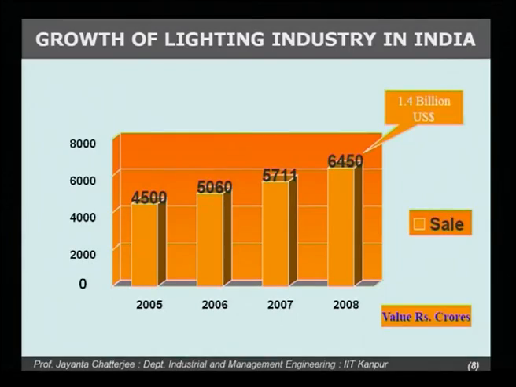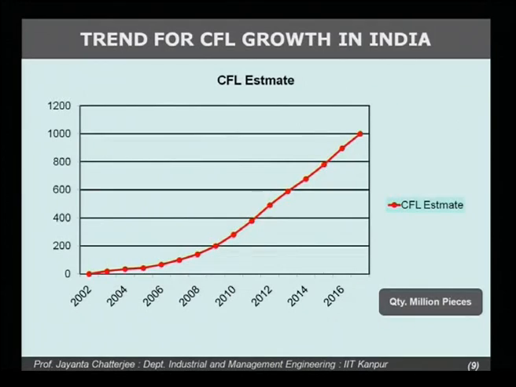Now, we will give you some background facts. The growth of the lighting industry in India is shown on your screen. You have data till about 2008. We have also the trend for CFL growth in India. As you can see, it is rising rapidly.